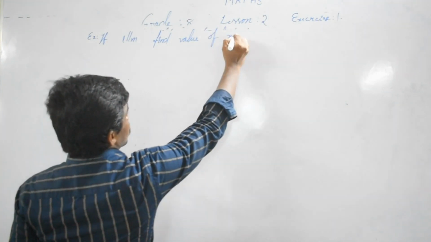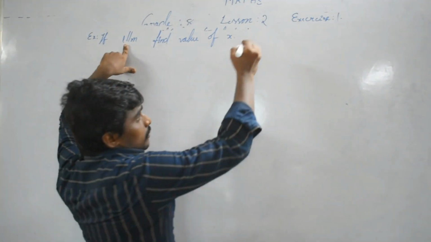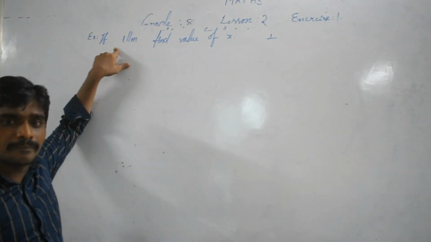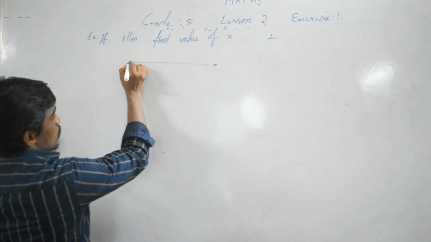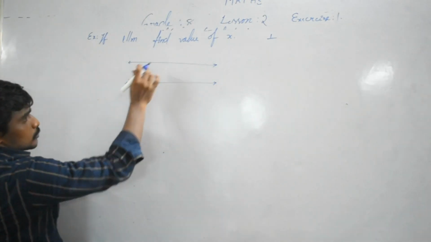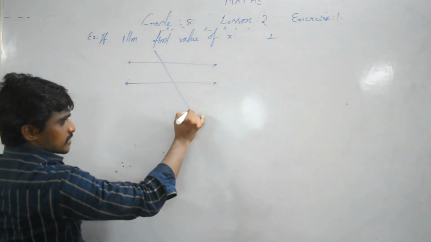This is the parallel symbol, and this is the perpendicular symbol. L and M are both parallel lines, and here P is the transversal.